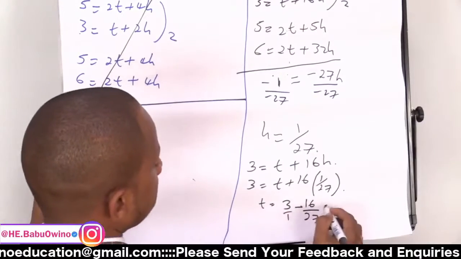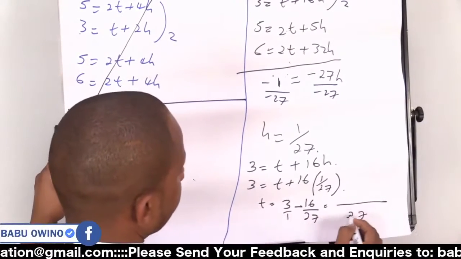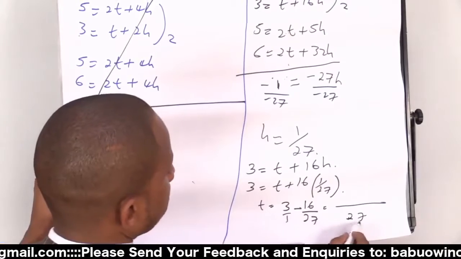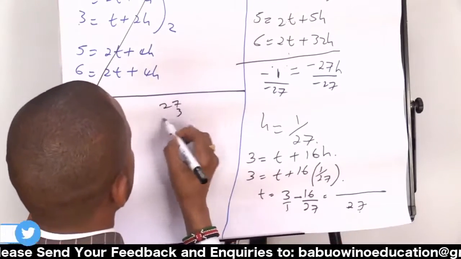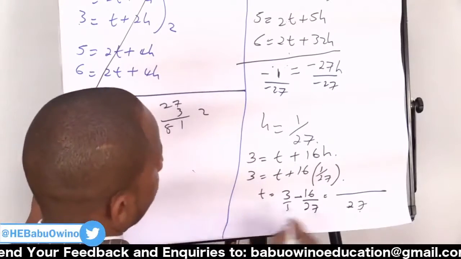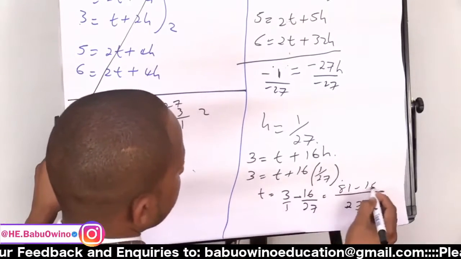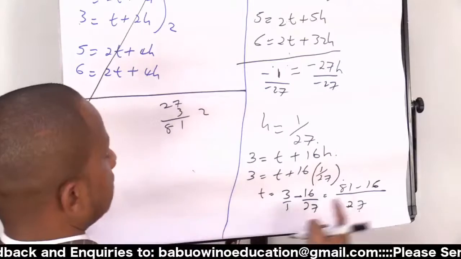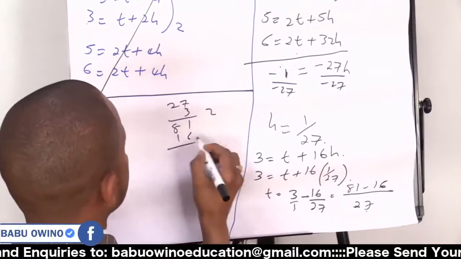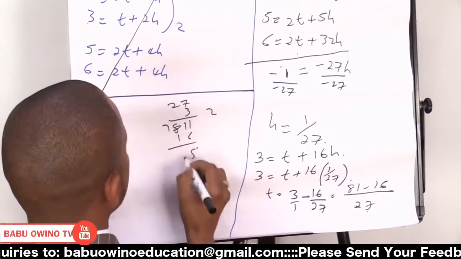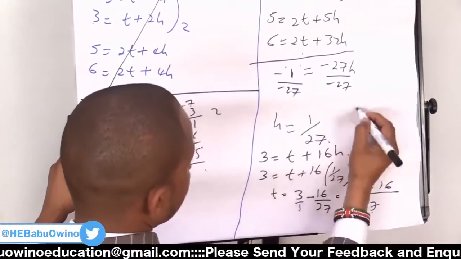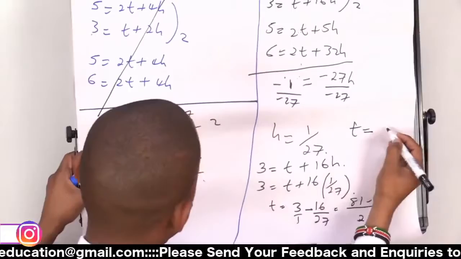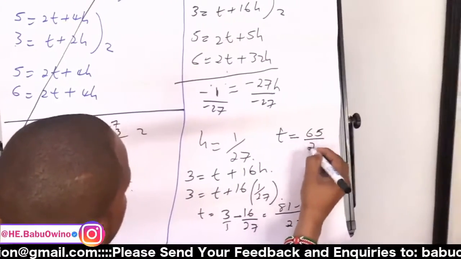So LCM is 27. Then 1 goes into 27. 27 times 3 is 81 minus 16. That's 65 over 27. So our T value equals 65 over 27.